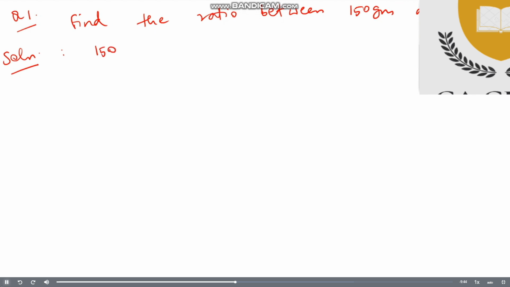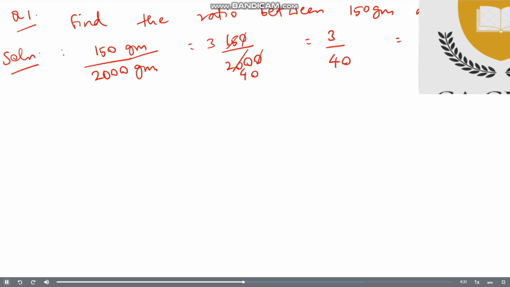Ratio required is equal to 150 by 2000. 150 grams by 2000 grams is equal to 150 by 2000, which is equal to 3 by 40, which is 3 is to 40. This is the answer.